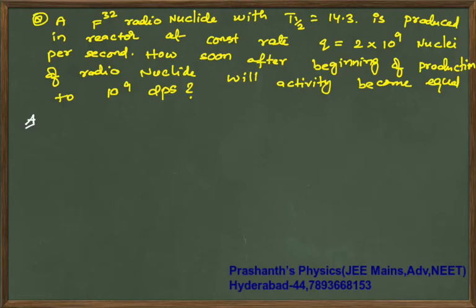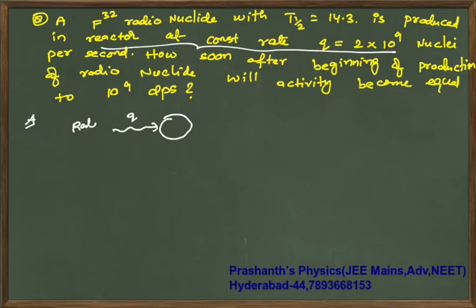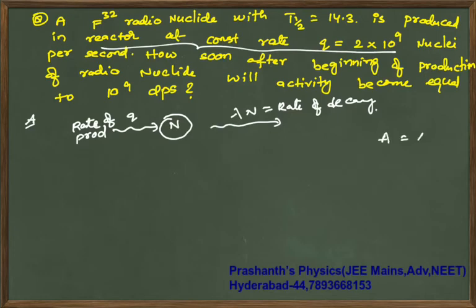Here it is being produced at a constant rate, and that rate is Q. Decay is not mentioned, but anyhow, Q is the rate of production, and lambda times n is your rate of decay. If n nuclei are there, your activity should be equal to lambda into n.